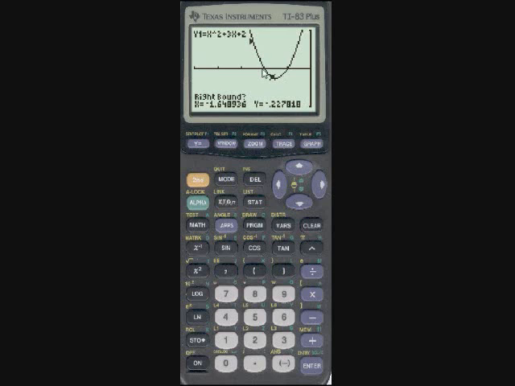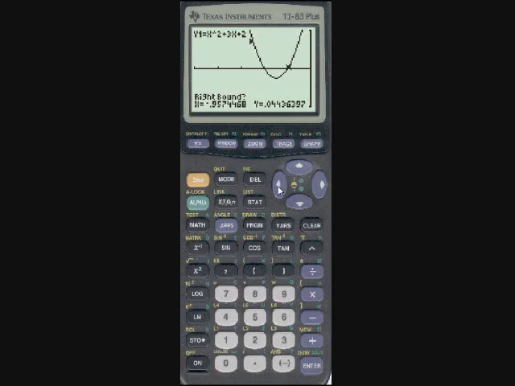Okay, I'm now on the right hand side of where it crosses. What I don't want is to be so far on the right hand side that I have 2 points in between the left bound and the right bound. You don't want that because the calculator will give you a bad, wrong, miserable answer.